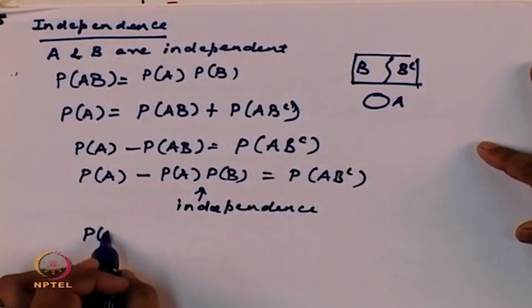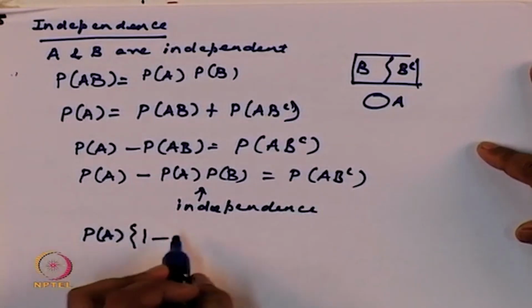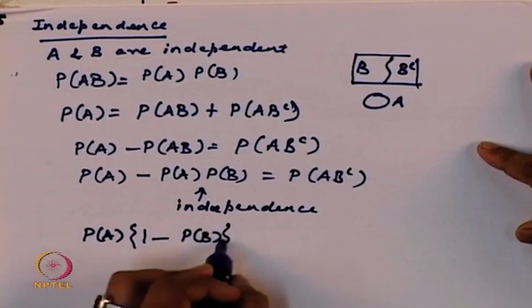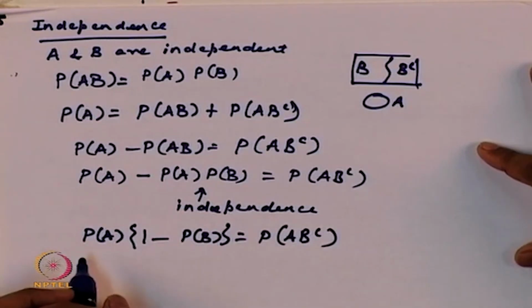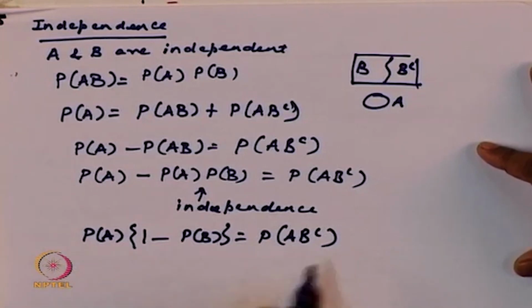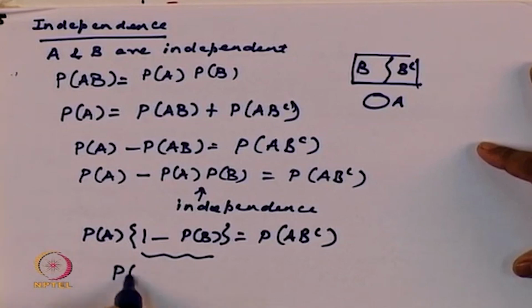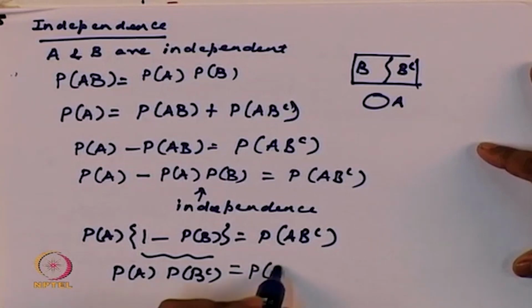So, I can write this as P A into 1 minus P B equal to P A B complement. And what is 1 minus P B? It is simply P B complement, so P A into P B complement is equal to probability of A B complement.